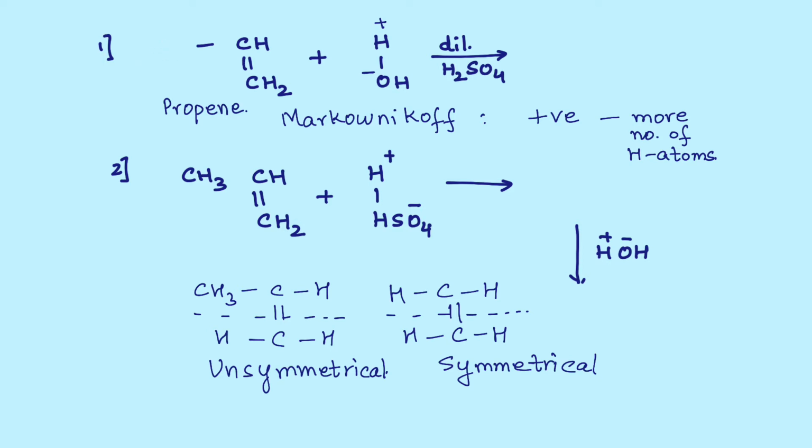You see the CH3, it's fully saturated. It's not going to undergo addition reactions. So that is why we are saying the unsaturated carbon atoms over here. So the positive part goes to the carbon bearing more number of hydrogen atoms. So CH3 remains as such, CH gets an OH and then CH3.